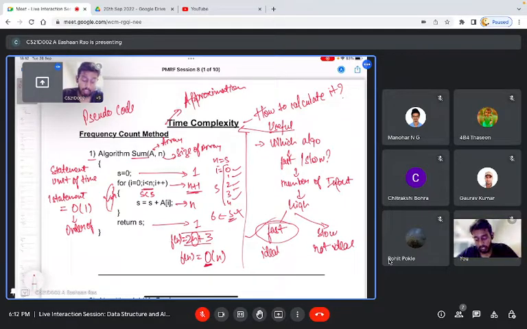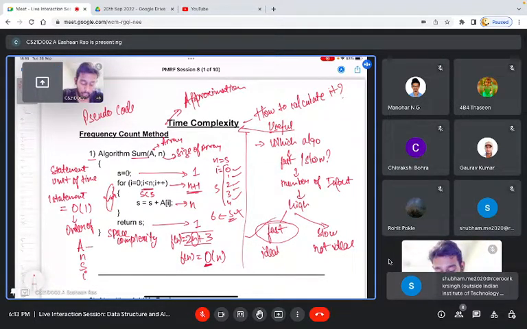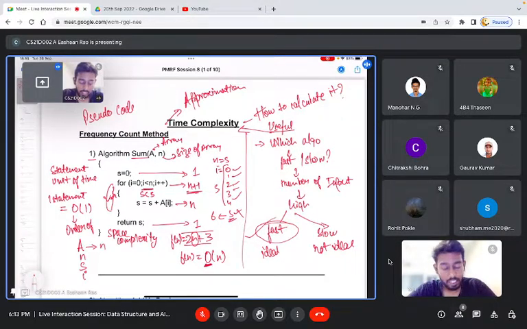This is one aspect. Now something called space complexity. Space complexity usually refers to the variables that we are employing in the particular algorithm. In this, the variables will be a, that is the array, and then we will have n, s, and i. The array has size n, because that's what it is getting as input. n is a variable, so we will give a variable a unit of space, 1.